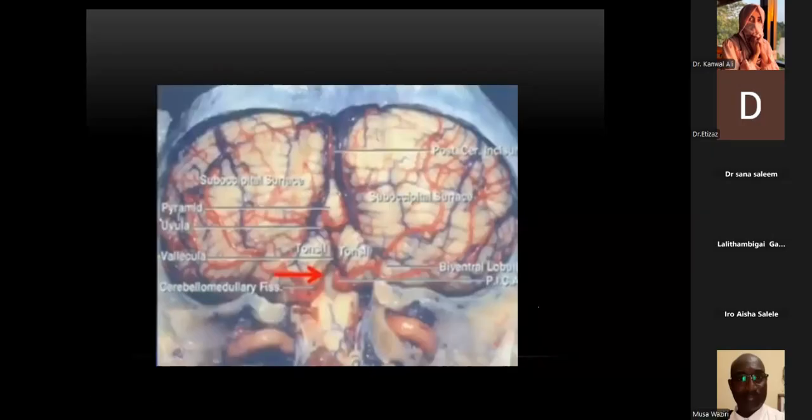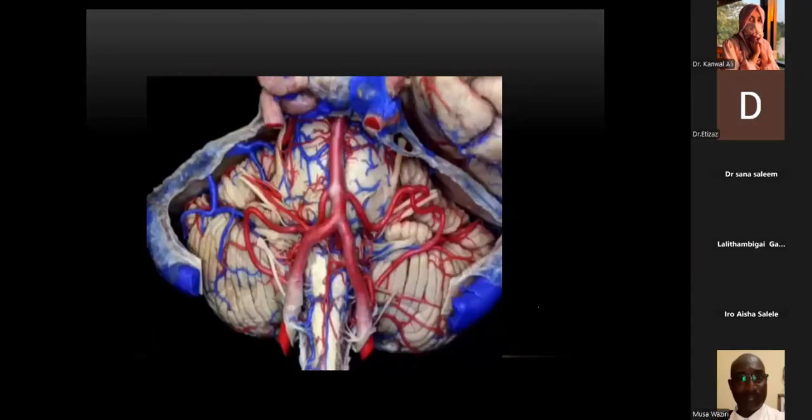When opening the dura, before going further I will go to this picture. After opening the dura, it is very important for the neurosurgeon to have an imagination of the posterior fossa normal anatomy, which we have gone through in detail previously.